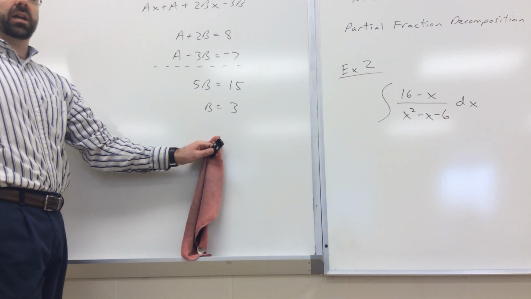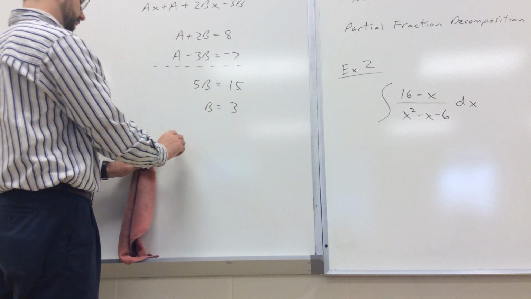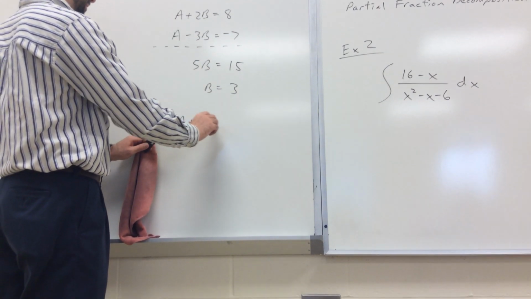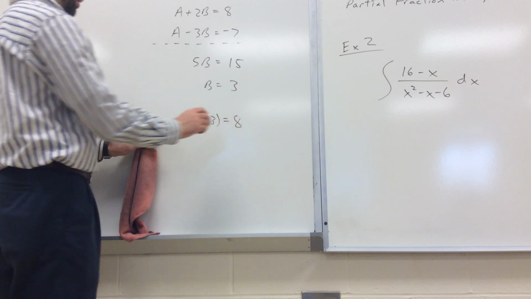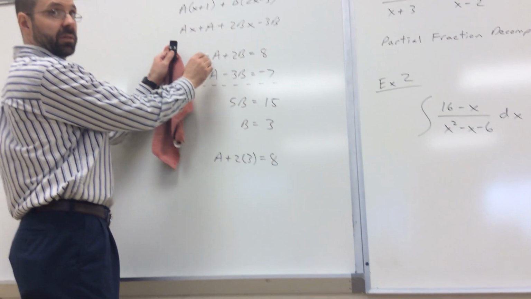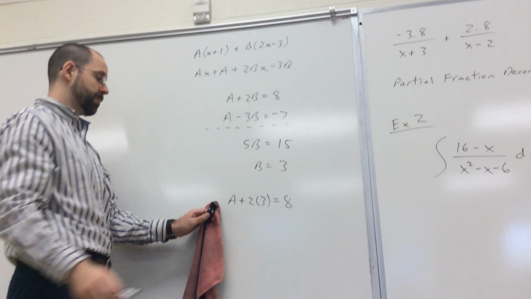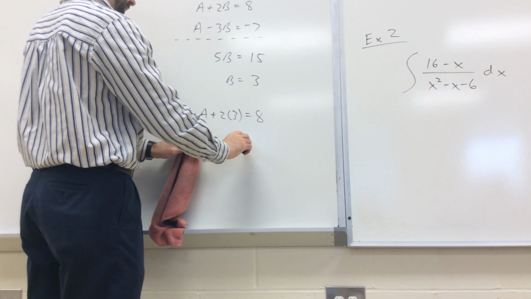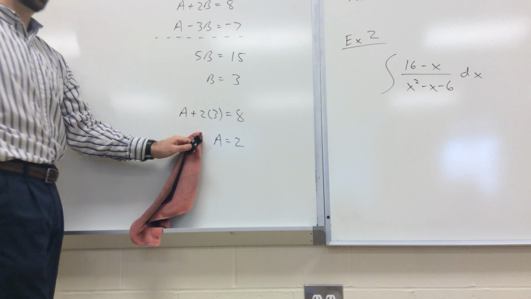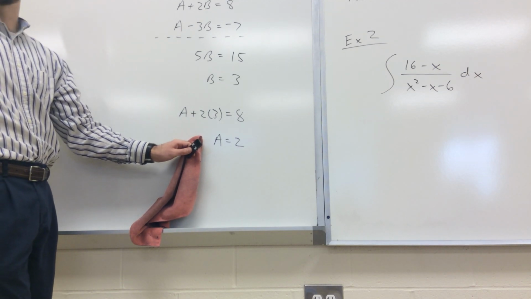And then to figure out A, just plug back in, right? A plus 2 times 3 equals 8. So I'm plugging into here, now that I know that B is 3. 2 times 3 is 6. 8 minus 6 is 2.